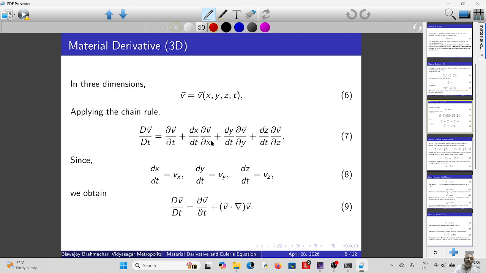First ∂v/∂x dx/dt, then ∂v/∂y dy/dt, then ∂v/∂z dz/dt. But these are the components of velocities, vx, vy, vz. So these 3 terms here together, they give (v·∇)v. So this operator is the derivative which takes into account both the time variation as well as the space variation.